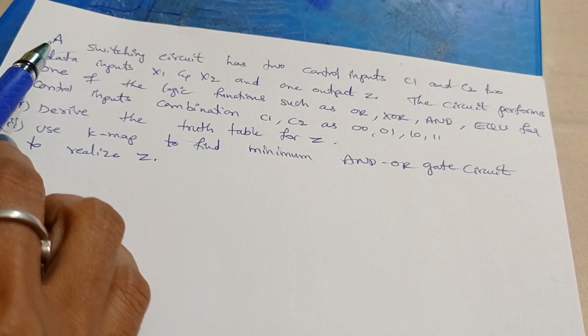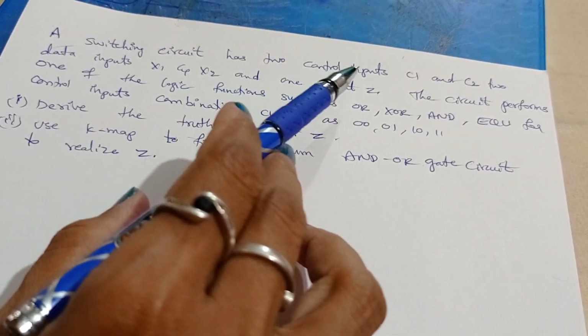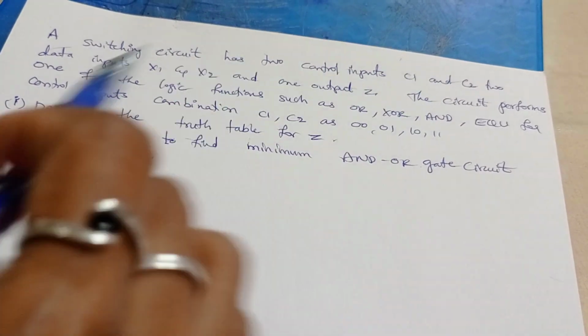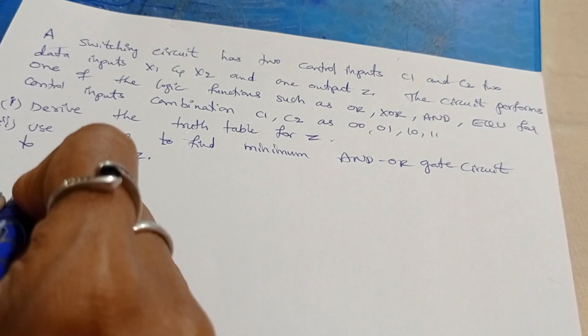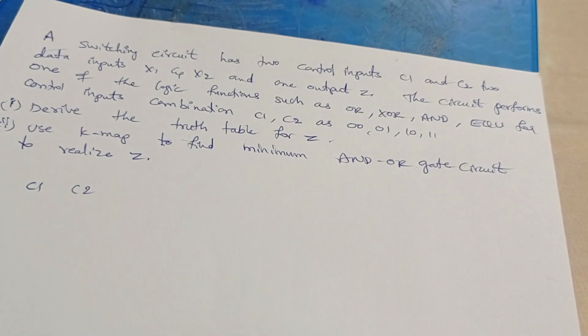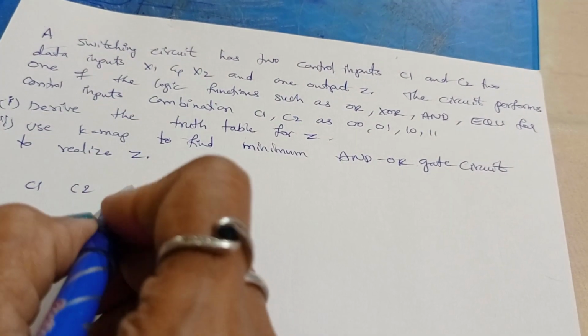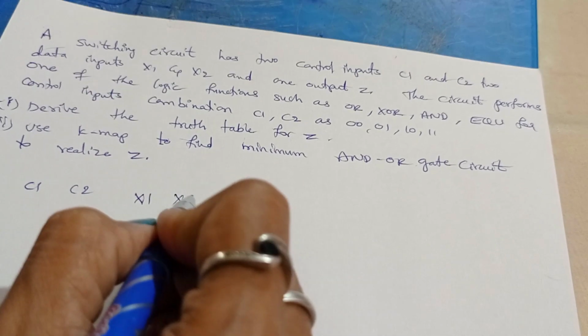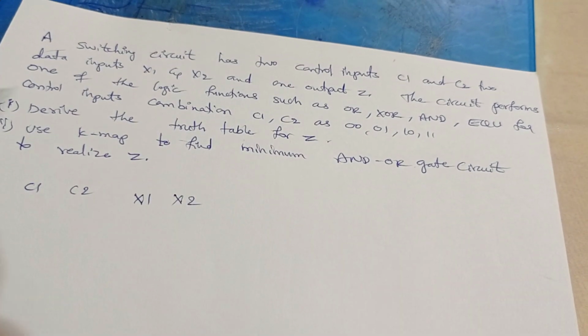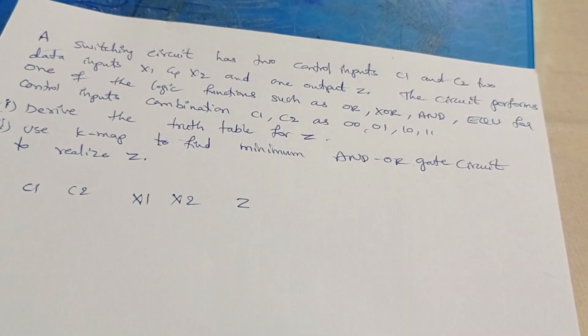The given problem: a switching circuit has two control inputs, C1 and C2, and data inputs X1 and X2, and one output Z. So Z is the output.